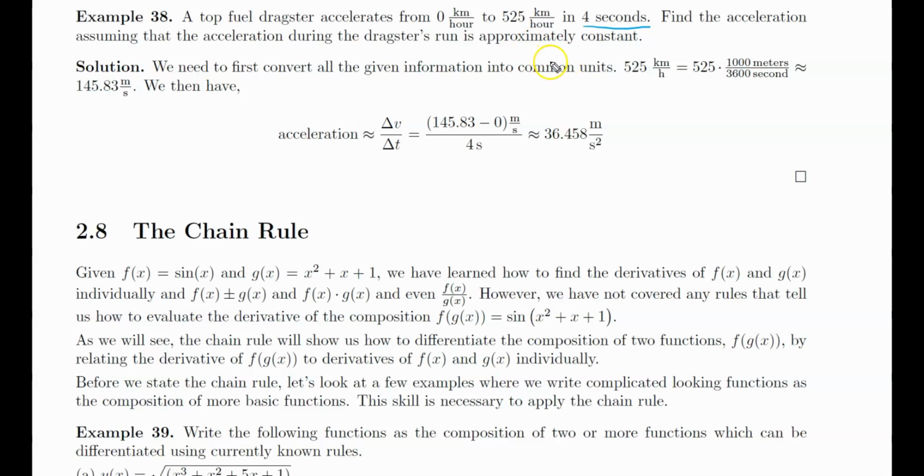Now, just to put this into some perspective, if you're used to the imperial or English system, 525 kilometers per hour is approximately 326 miles per hour.